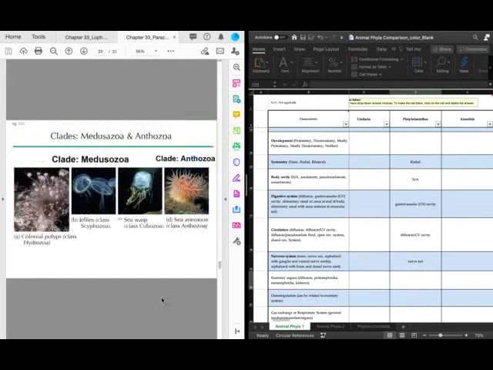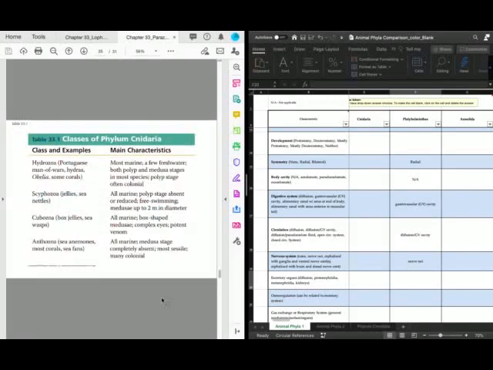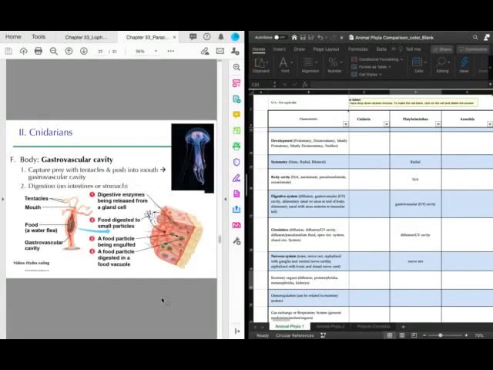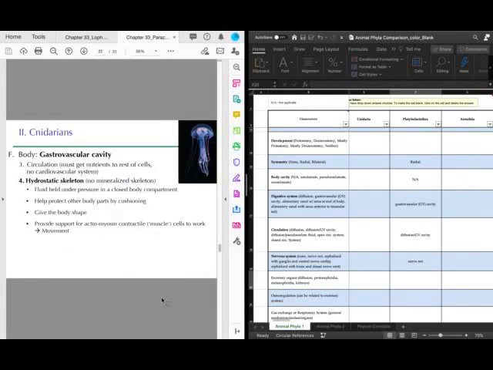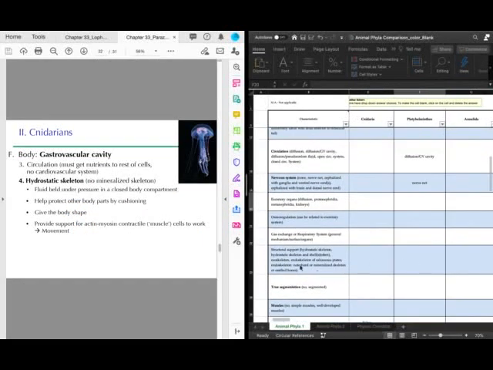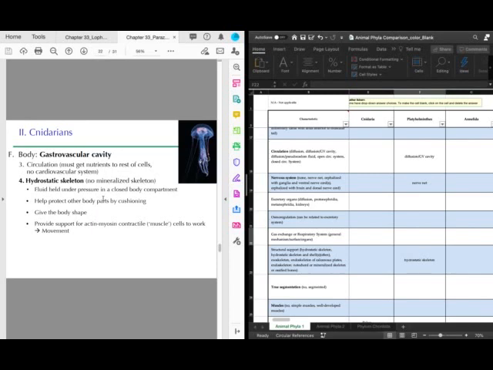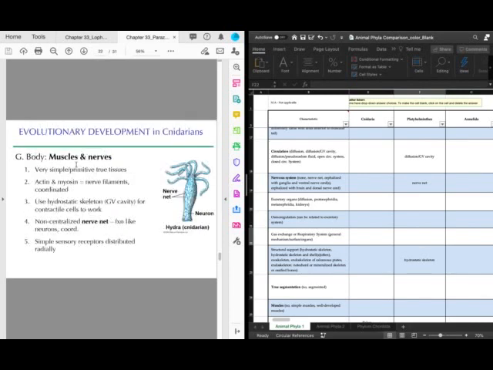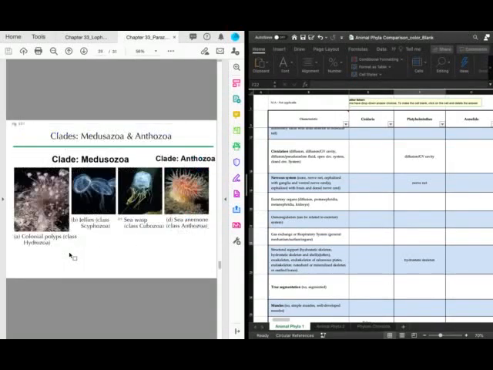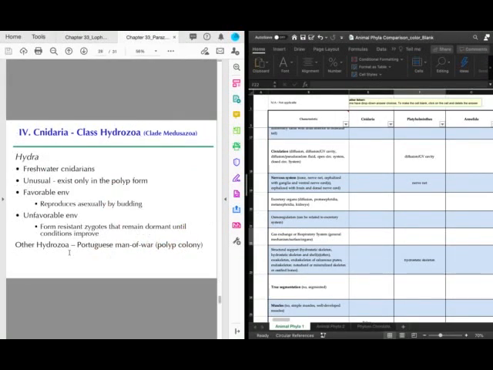Excretory organs, let's see if we can find something about those. Here's a hydrostatic skeleton, so we can go down to support, actually. So support, hydrostatic skeleton, no shell. Gas exchange. So it's no cardiovascular system. Contractile cells, simple receptors, primitive tissues.